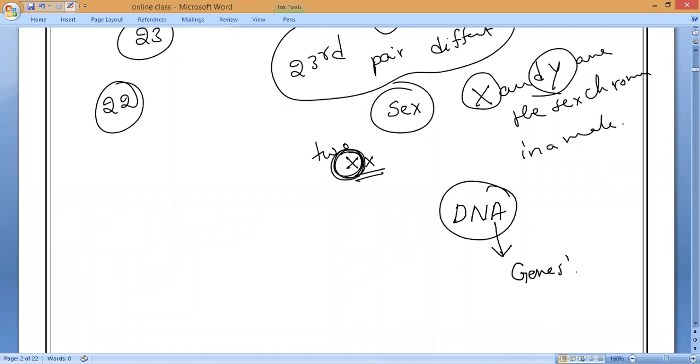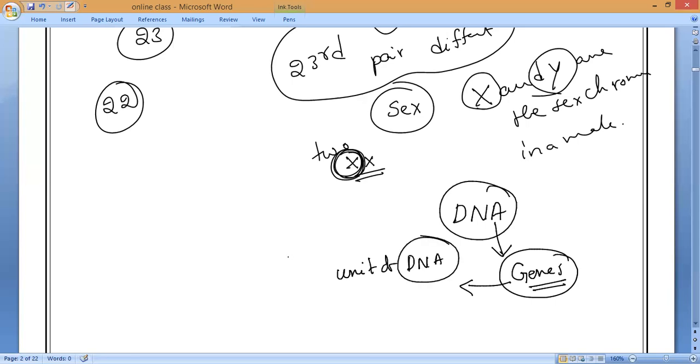Now let us discuss what a gene is. A gene is one unit of DNA on a chromosome, which governs the synthesis of one protein that controls a specific character or trait of an organism.